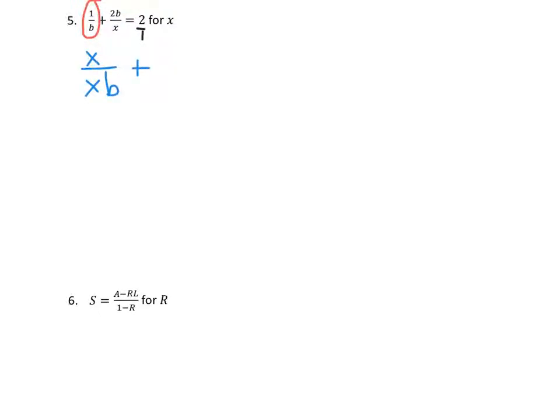In the second fraction, you'd multiply the top and the bottom by b, which would give you 2b squared over xb. And in the third fraction, you'd multiply the top and the bottom by xb, which will give you 2xb over xb.